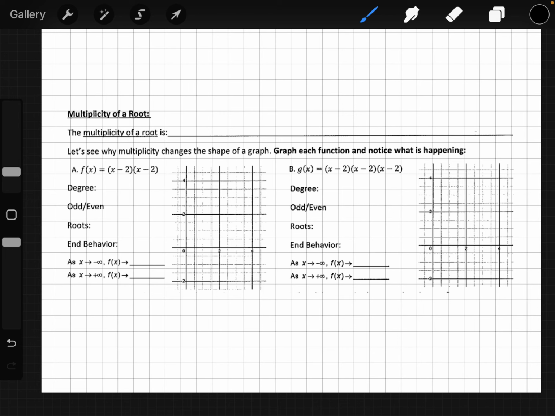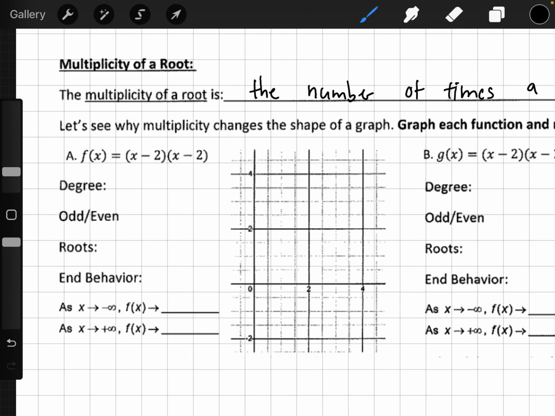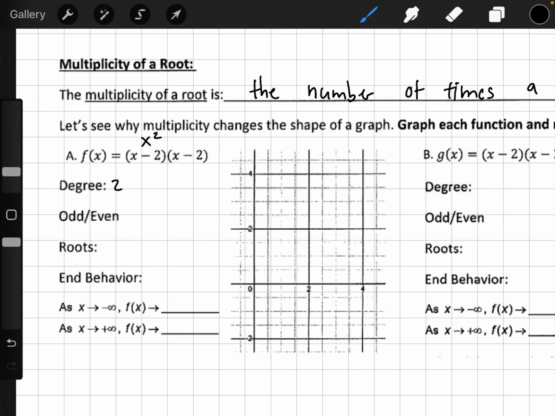So now that we're familiar with what a root is, the multiplicity of a root is the number of times that same root appears. So here, the degree is 2 because once this is FOILed, we'll have x squared as our greatest degree.